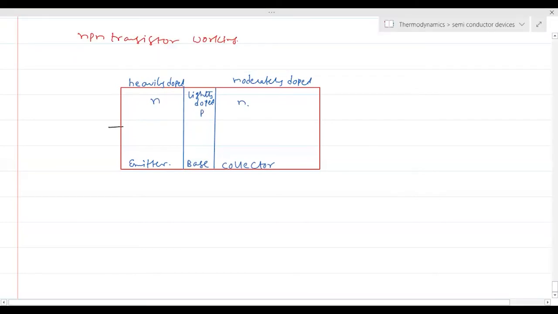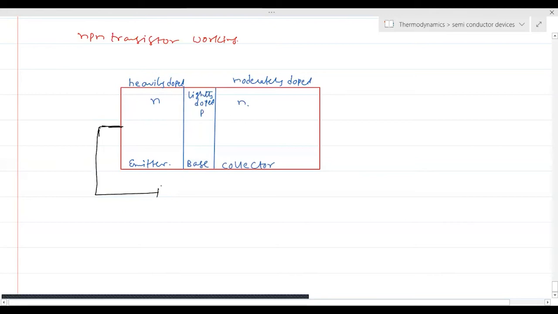Always, in the proper functioning of a transistor, the input is in forward bias. That is, N is connected to the negative terminal, and the base is connected to the positive terminal. N is connected to negative, P is connected to positive, so this is forward bias.